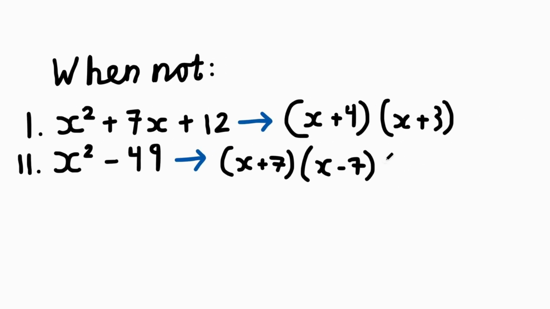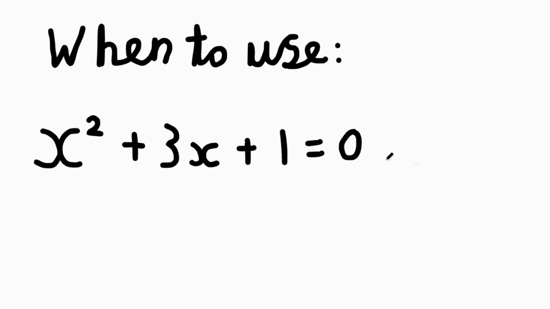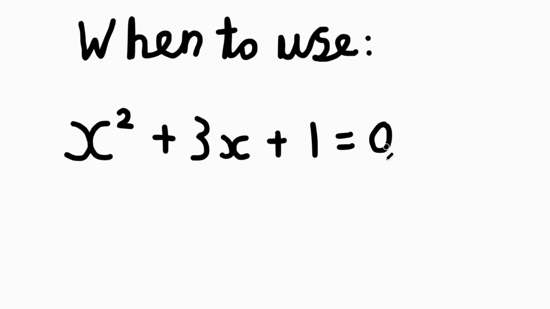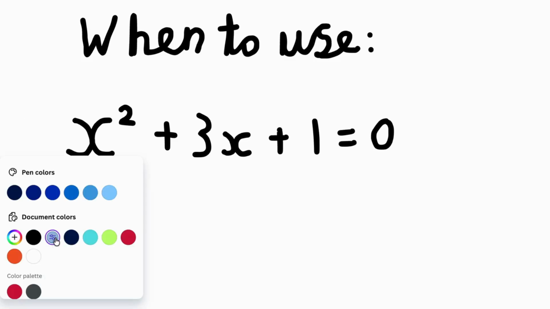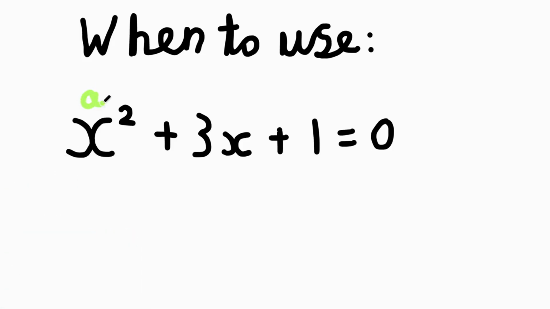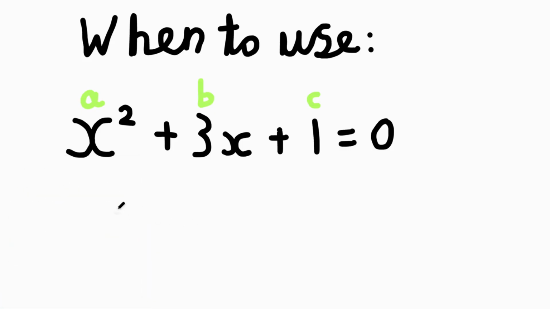But now let's go on to when to use the quadratic formula. So, with the quadratic we have here, x squared plus 3x plus 1. If we try to approach it with the splitting the middle term method, we would write our a, b, c. I'm writing it for the video purposes, but when you get the hang of it, you shouldn't write it. So let's see, a times c, 1 times 1.